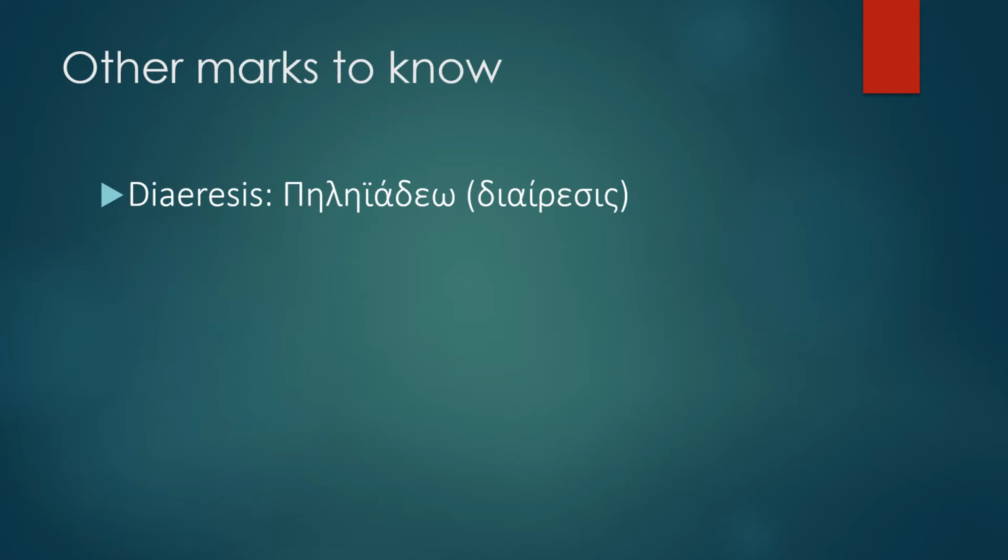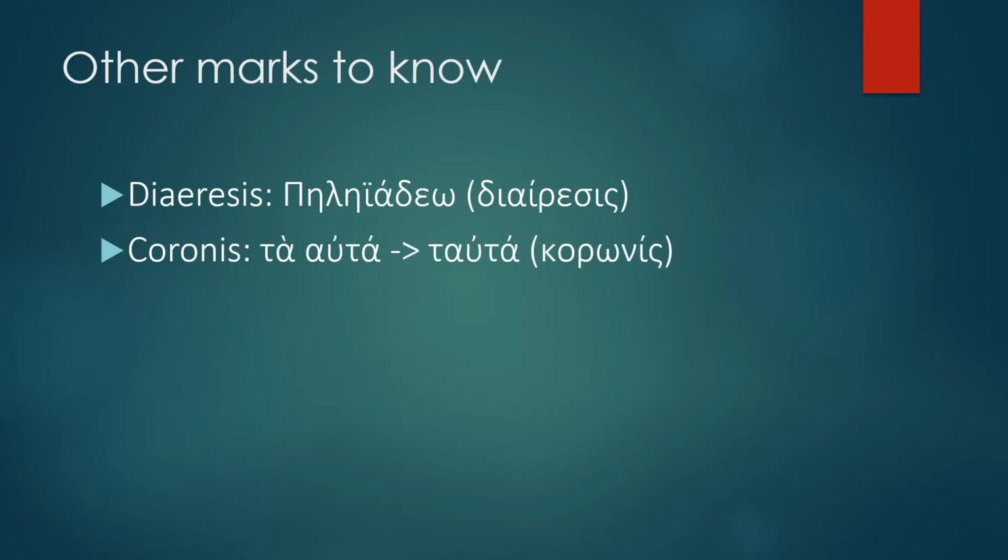Some publishers will actually not write iota subscripts as subscripts, they'll write them to the right of whatever vowel they go with. But this word, which is actually from the first line of the Iliad, this word having a diaeresis tells us the eta and the iota are pronounced differently.